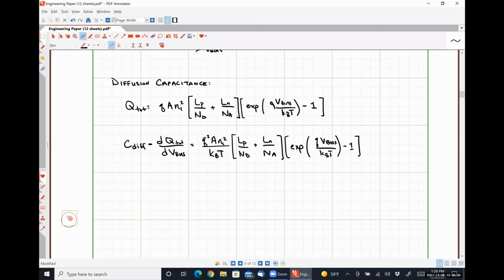So this is how our diffusion capacitance increases as a function of more and more forward bias voltage.